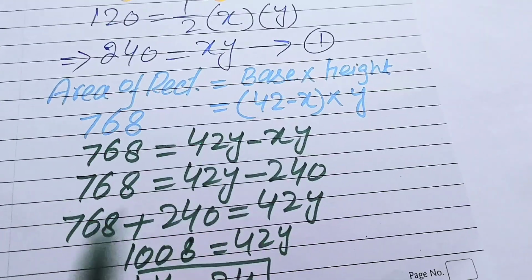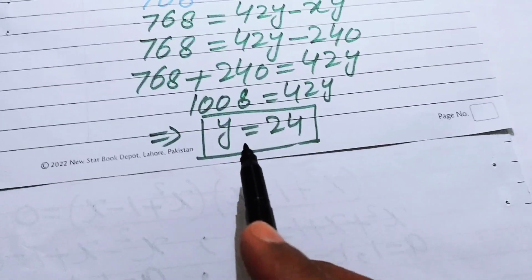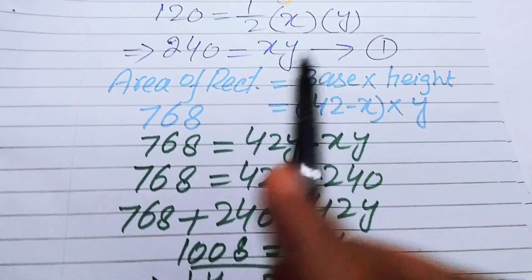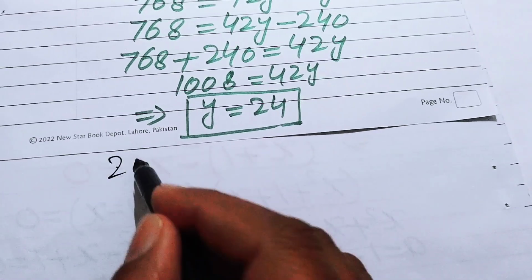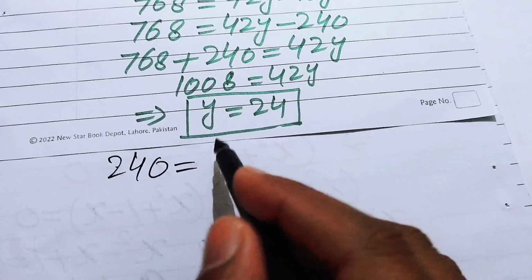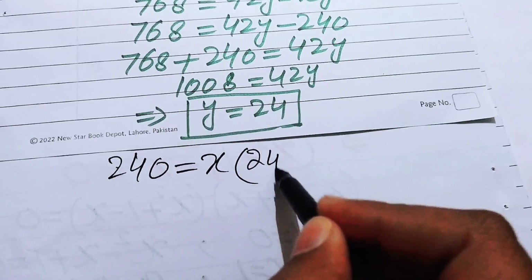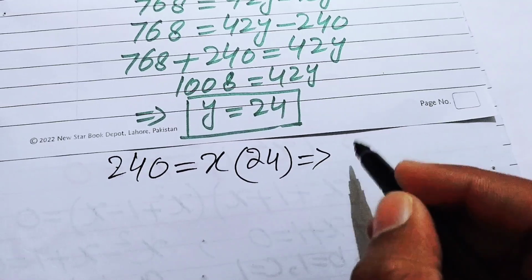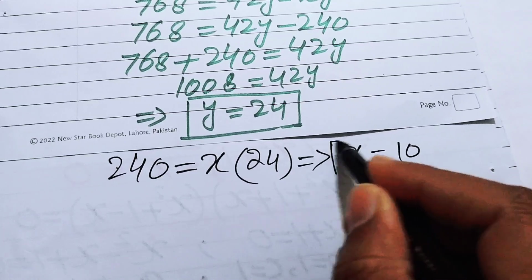So we put the value of y in equation number 1. After substituting, we get 240 equals x times y, and the value of y is 24. This implies that the value of x should be 10.